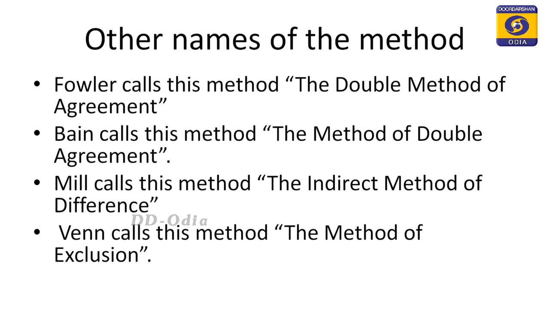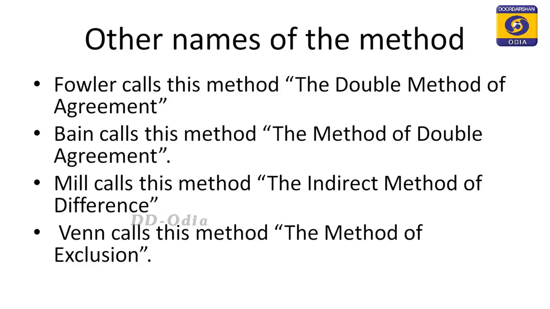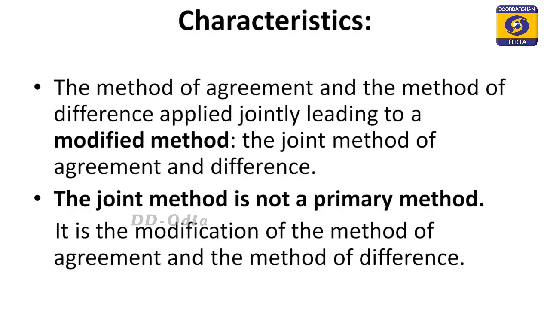The method of difference decides something directly, the difference, and here we indirectly apply the method of difference in one positive set and one negative set. Venn calls this method the method of exclusion. So in this manner, this particular method has four other names: the double method of agreement by Fowler, the method of double agreement by Bain, the indirect method of difference by Mill, and the method of exclusion by Venn.